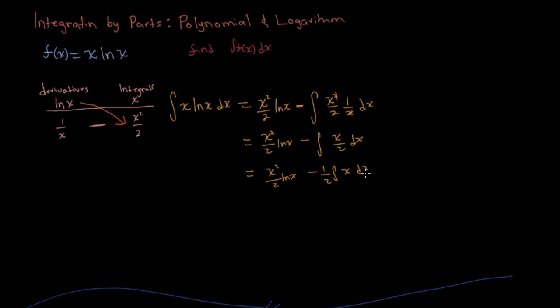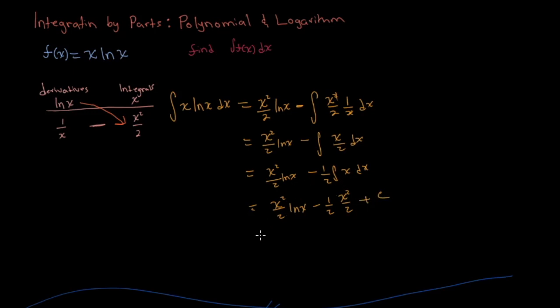Now, what is the integral of x dx? We raise the power from 1 to 2 and then divide by 2. So we get x squared over 2 ln x minus 1 over 2, and then this integral is x squared over 2, plus c. And there you have it.